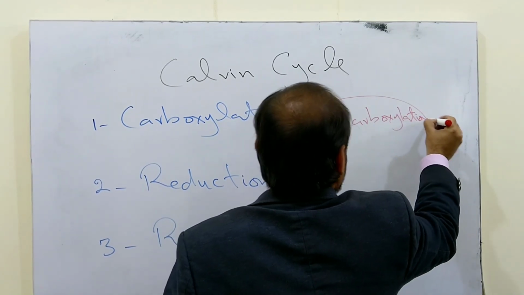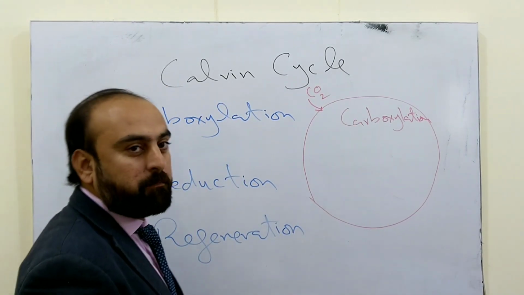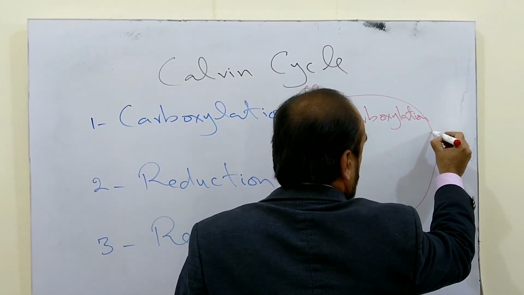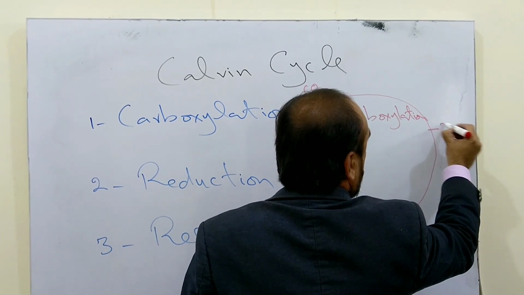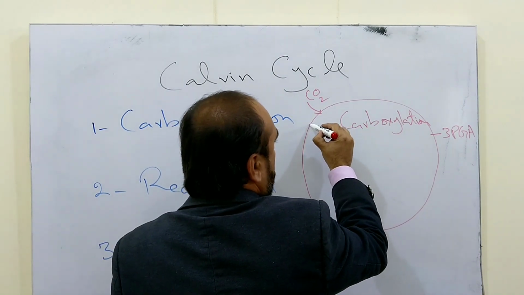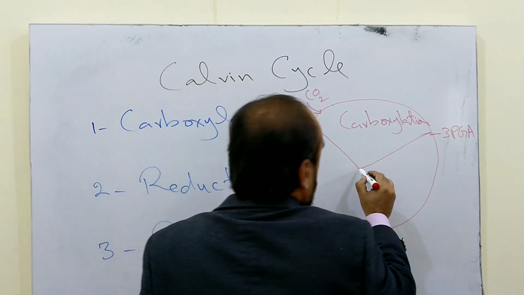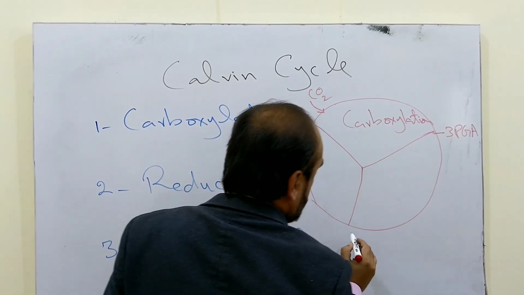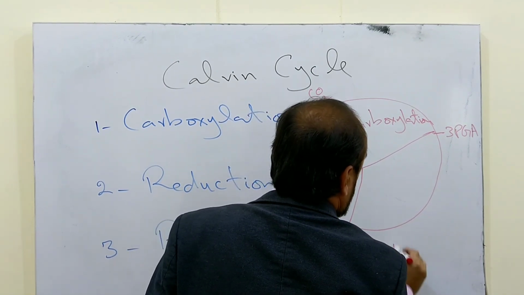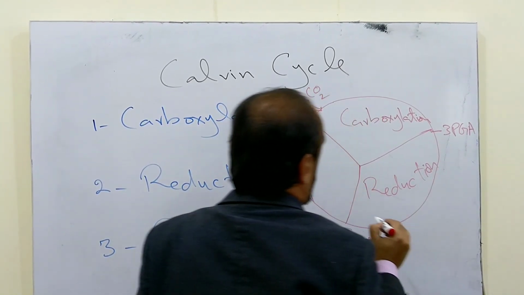So this is the carboxylation step, in which carbon dioxide is added to a 5-carbon sugar, RuBP, and the first stable product, 3-phosphoglycerate, is formed. In the next step, this 3-phosphoglycerate is reduced to another 3-carbon sugar, or triose phosphate, and this step is called reduction.